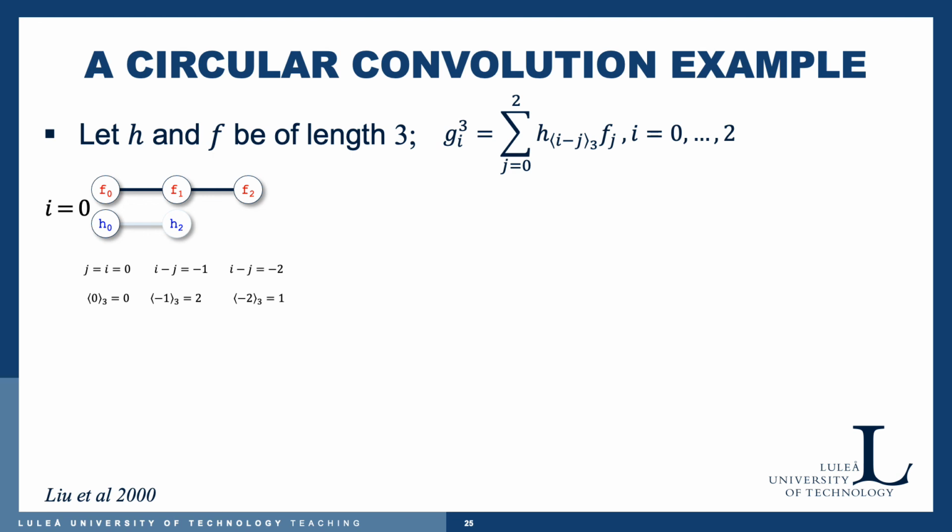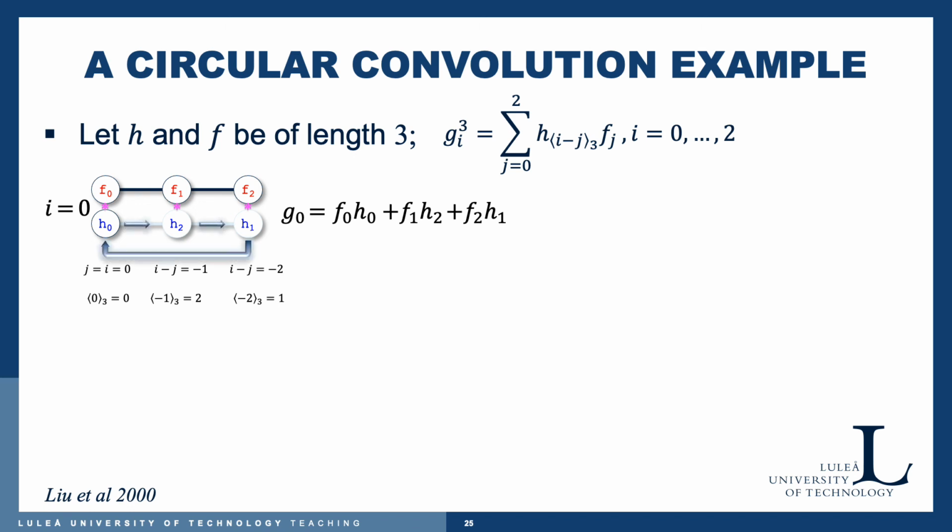It means that i minus j is minus 2, and modulo 3 of minus 2 is then 1. So what we are doing now with the modulus is that we're circulating the values of h. Then the last bit of this summation would be to add the multiplication of f2 and h1 to it. So g0 is equal to f0 h0 plus f1 h2 plus f2 h1.